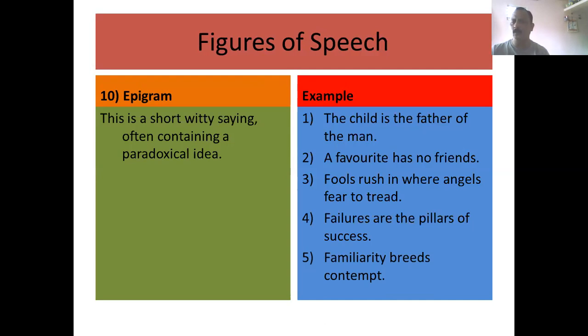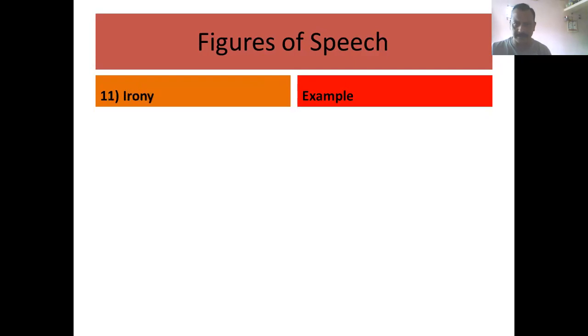Continuously we are coming in contact with the same persons again and again. At that time, what happens? We are bored and tired of that person. Here familiarity and contempt are opposite ideas used in this line. At that time, it is called epigram.